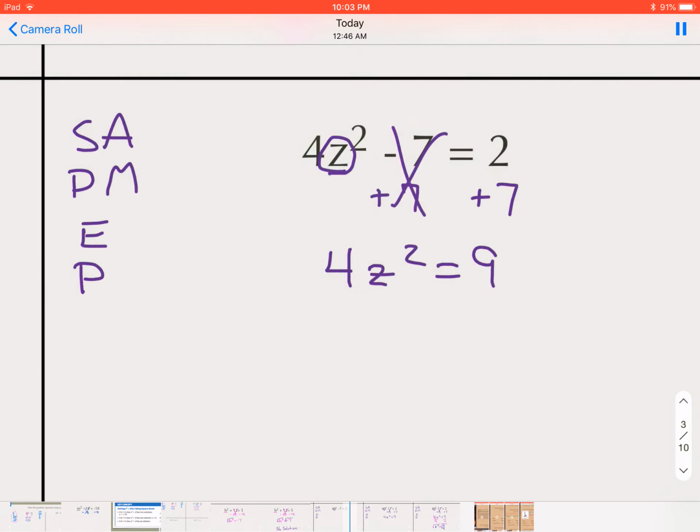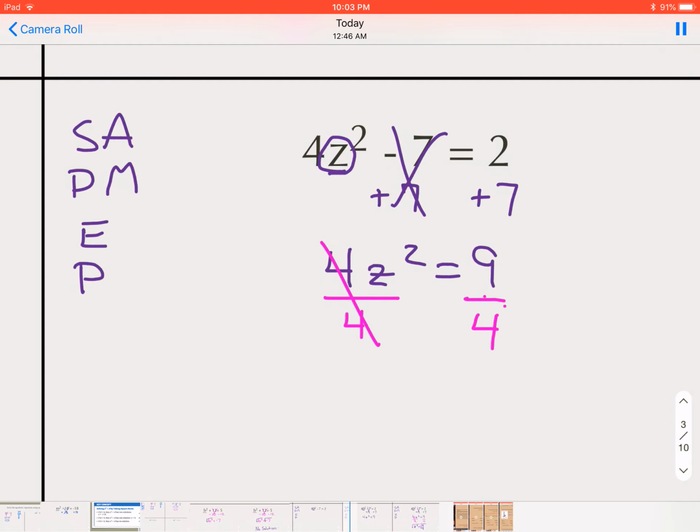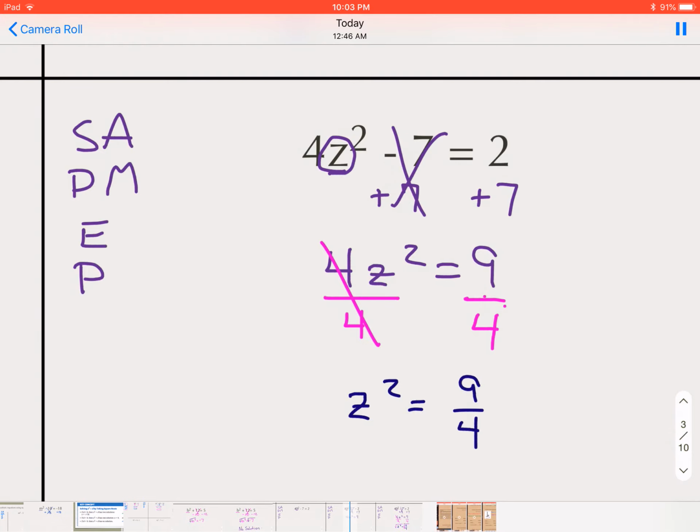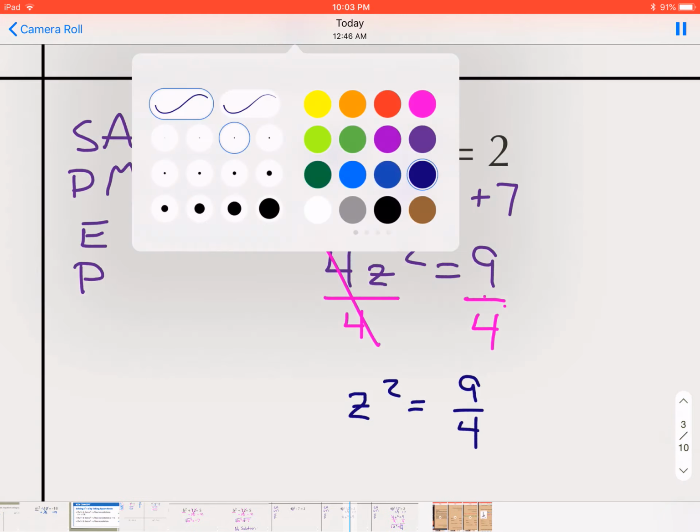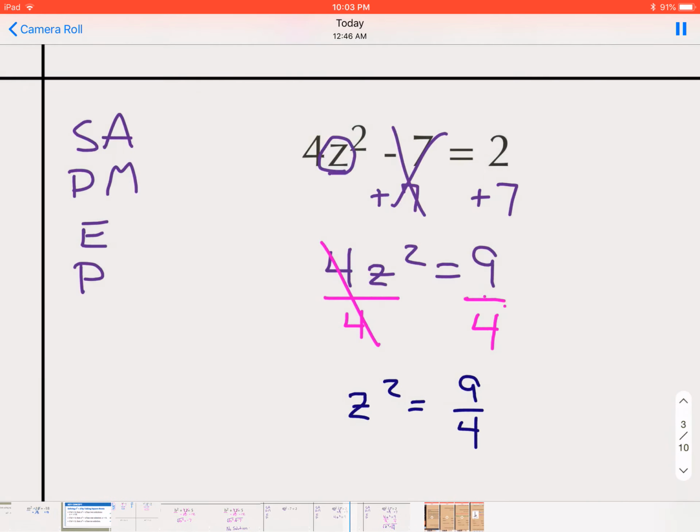I do not have any addition or subtraction left, but I do have multiplication. I have 4 times my z squared, so I'm going to divide by 4. My 4's cancel out, and I'm left with z squared equals 9/4. The last thing I have to do is follow my exponents and take the square root of both sides.